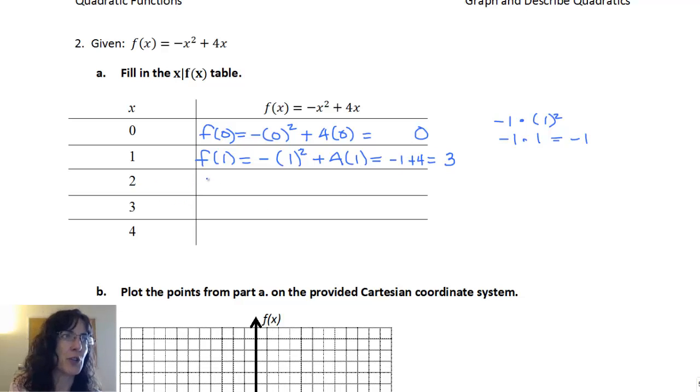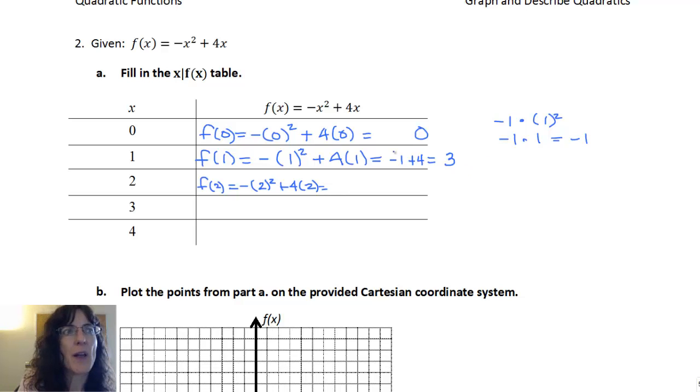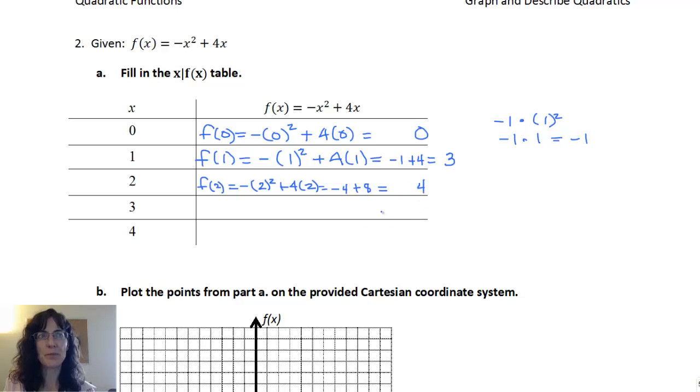Now let's try 2. So f of 2 equals negative 2 squared plus 4 times 2. So negative 2 squared, so the 2 is the only thing being squared, that's going to come to negative 4, and then 4 times 2 is going to give me an 8, and negative 4 plus 8 is going to give me a positive 4.